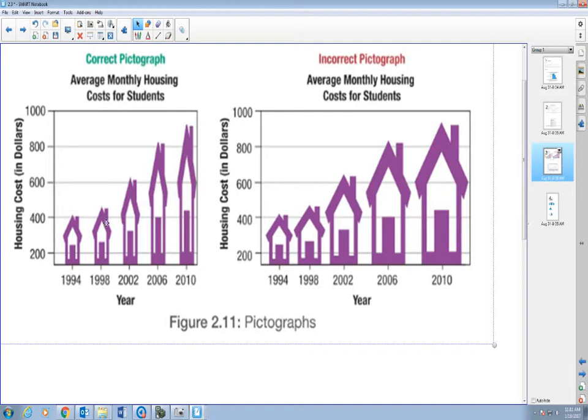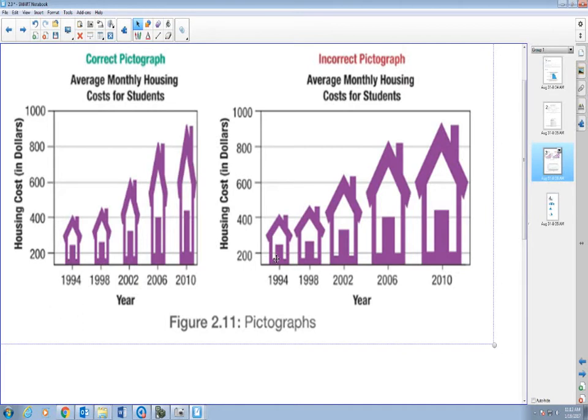Alright. I want to show you the difference between a correct graph versus an incorrect graph. And if you look at it, the correct graph displays that as the year goes on, the average monthly housing cost for students goes up. Now, this one is a little bit more inappropriate, because when the average housing price goes up, they actually display a bigger house.